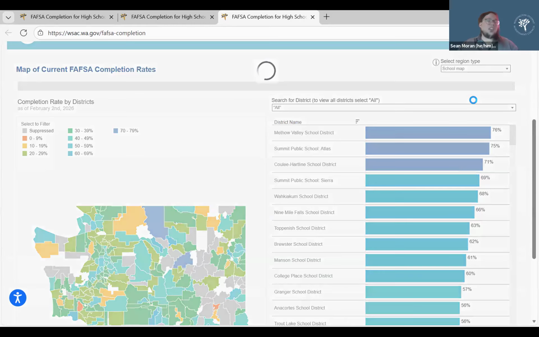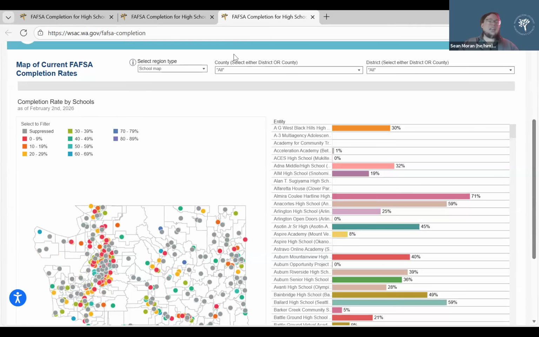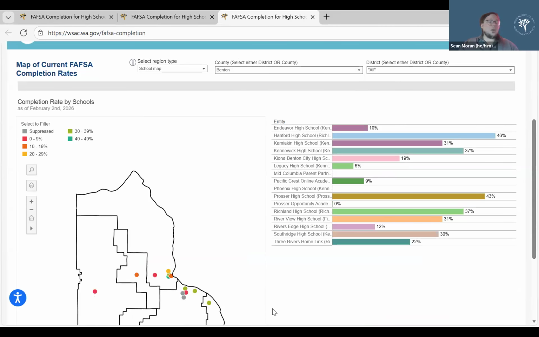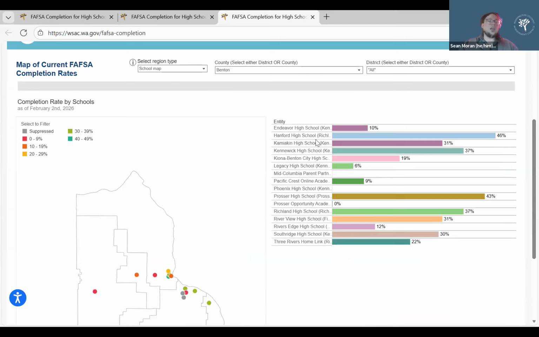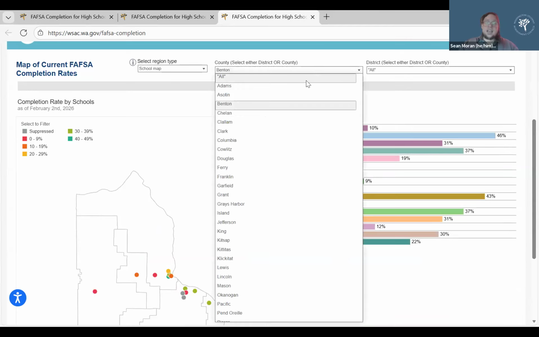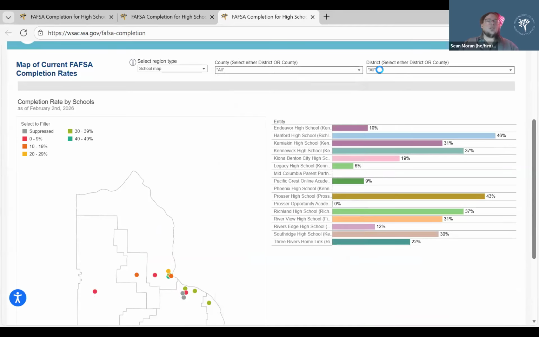And on the school map view, we have added things such as look at schools within the county. So you can look among your county, what are other percentage rates, and then you can also look on your district level.